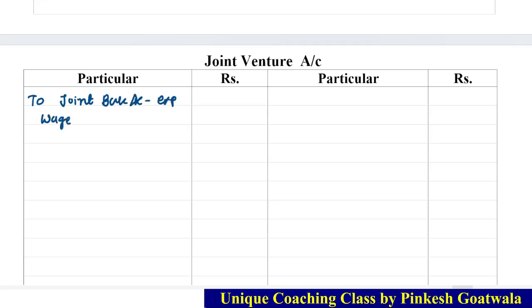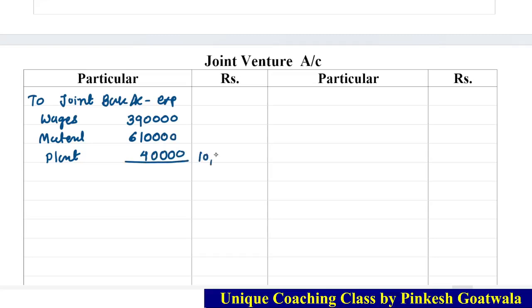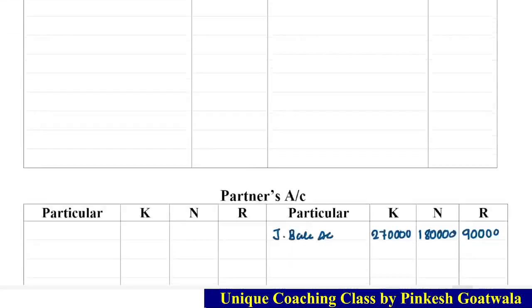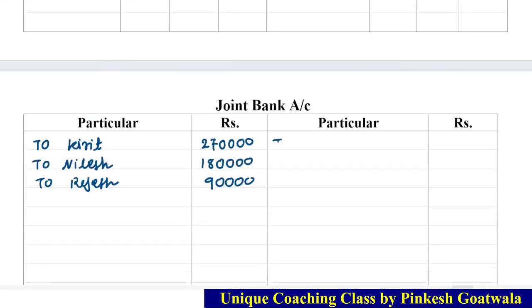From the bank account: wages, material and the plant: 390, 610 and 40, total 10 lakh 40,000. And the second effect will be transferred from the joint bank account to joint venture expenses, total 10 lakh 40,000.